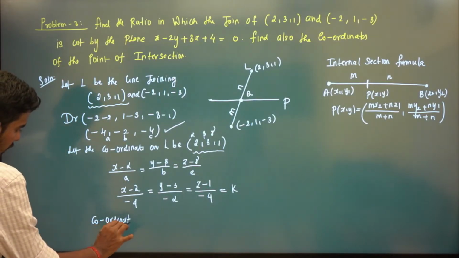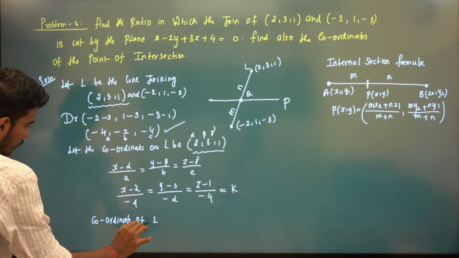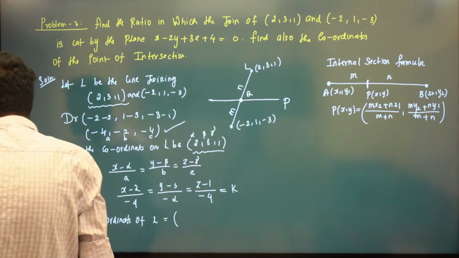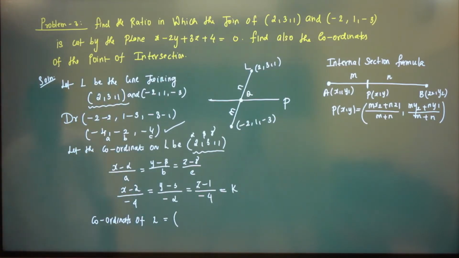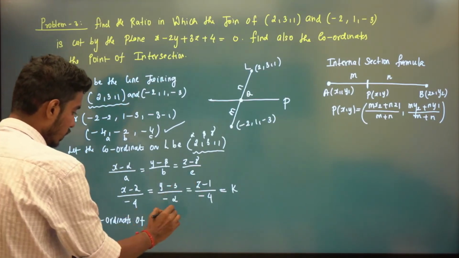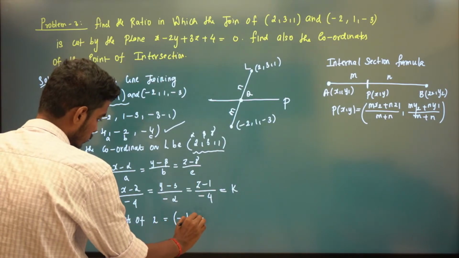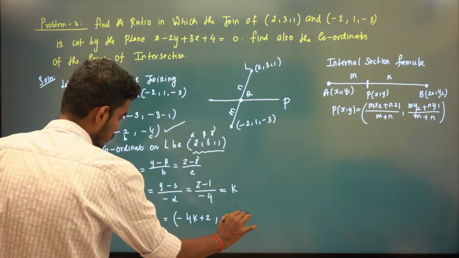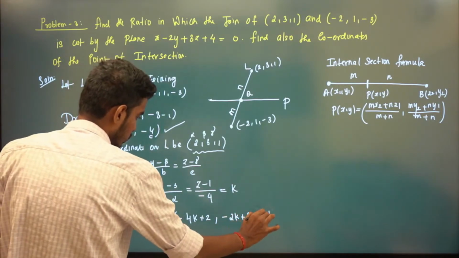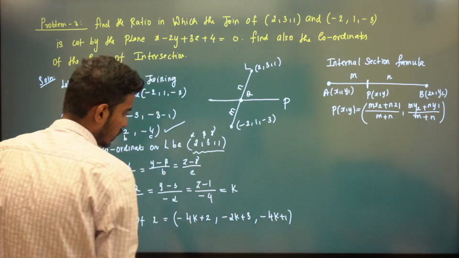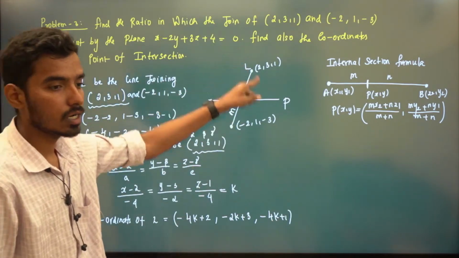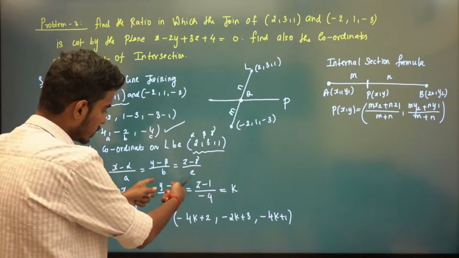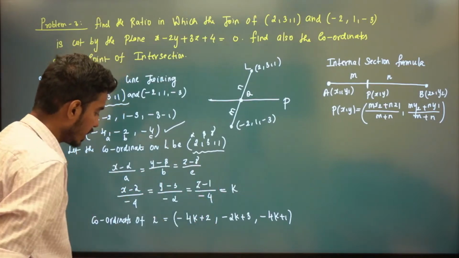So the coordinates on L will be of the form minus 4k plus 2, minus 2k plus 3, minus 4k plus 1, right? So any coordinate on L will be of the form minus 4k plus 2, minus 2k plus 3, minus 4k plus 1.